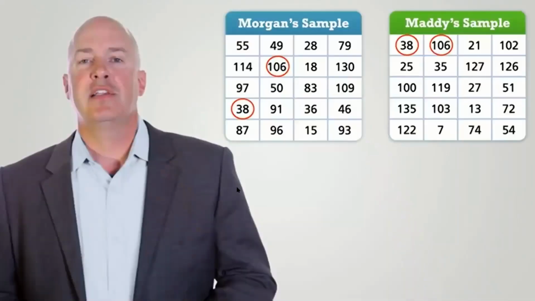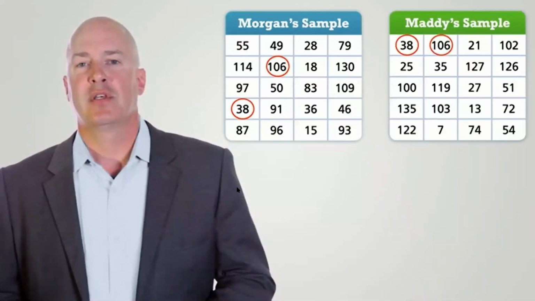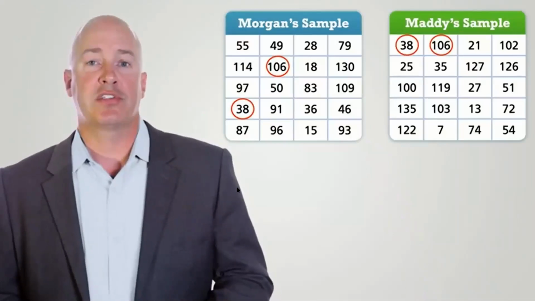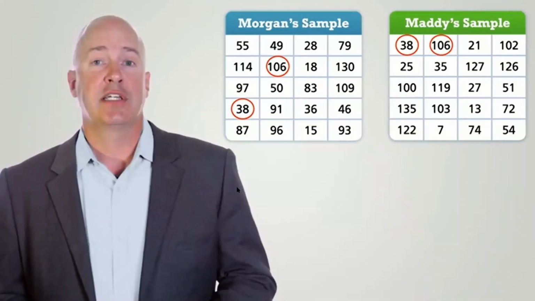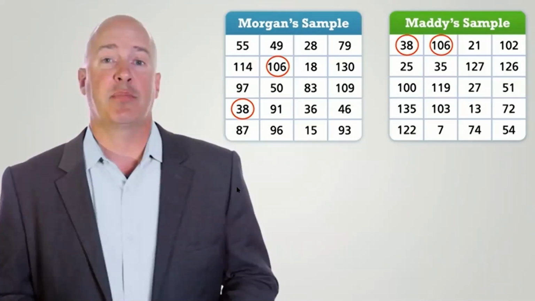However, if the samples are large enough, they will be representative of the population. In this example, we see that there are 20 members in each sample. The only numbers common to both samples are 38 and 106, and the numbers are distributed differently in each sample.